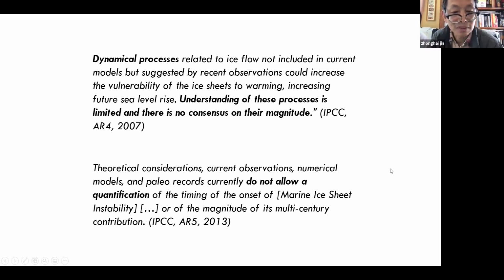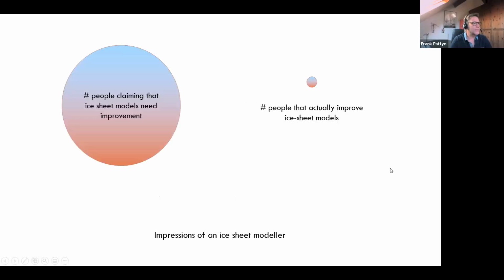As an ice sheet modeler, you get a certain impression, and that was my immediate impression, that you have a lot of people that say that ice sheet models need improvements on the one hand, and only a very small number of people that actually work on improving those models, working with them and developing them.